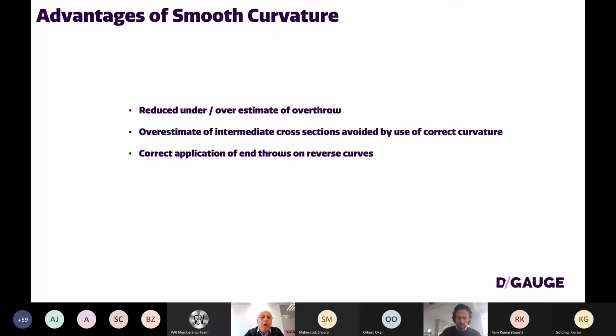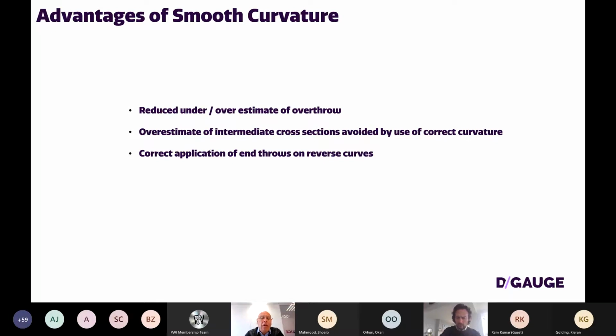So moving on, what I'd like to talk about is not only the advantage of smooth curvature, but also, in terms of the transitions, that we can add to it the correct application of end throws on reverse curves. And by end throws, what I mean is the throws for any section that is between the bogie centers and the end of the vehicle.